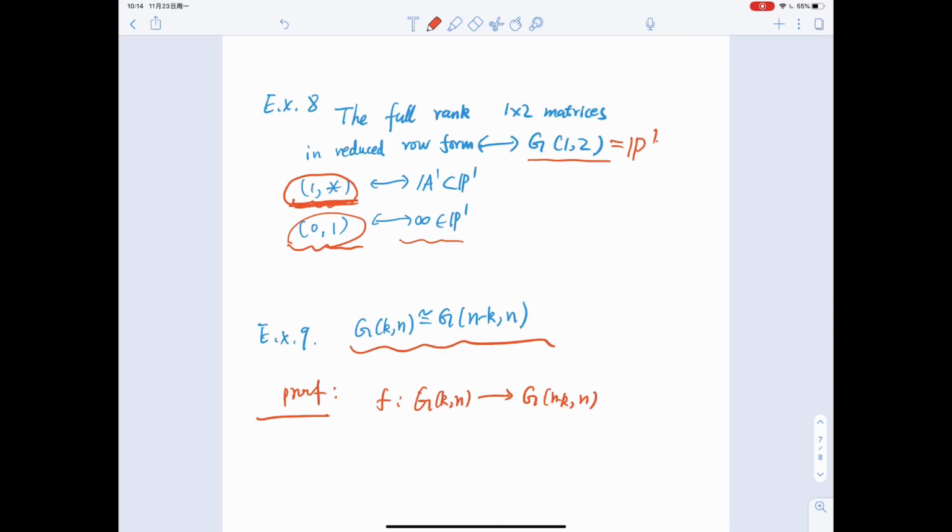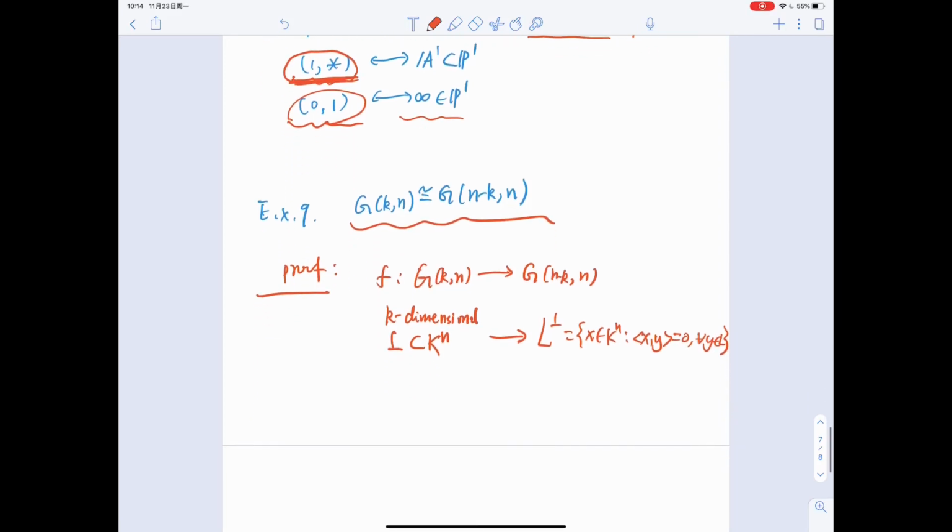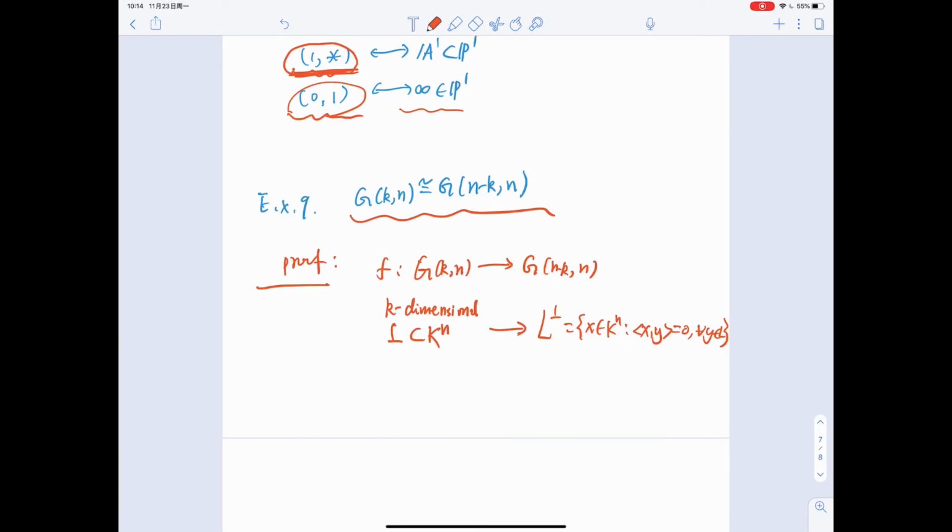It sends every k-dimensional subspace L of K^n to its orthogonal complement. It remains to show that F is a morphism.